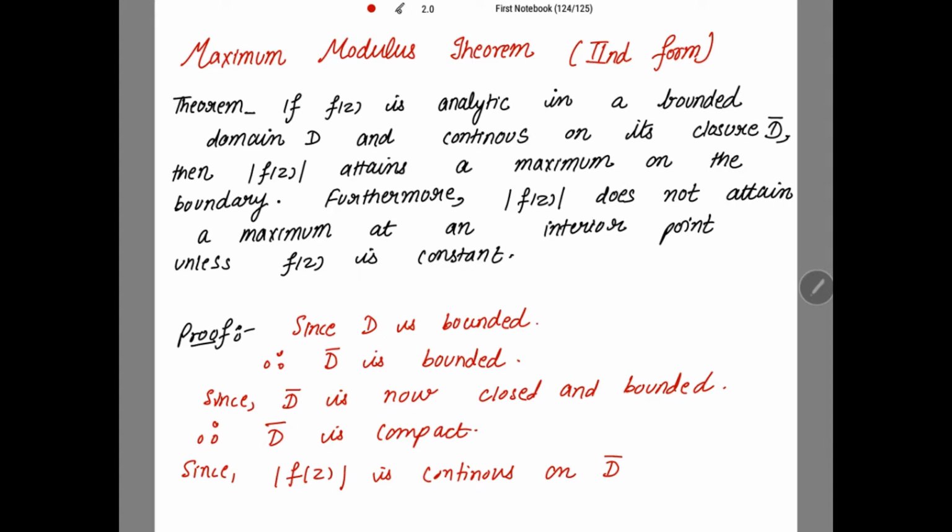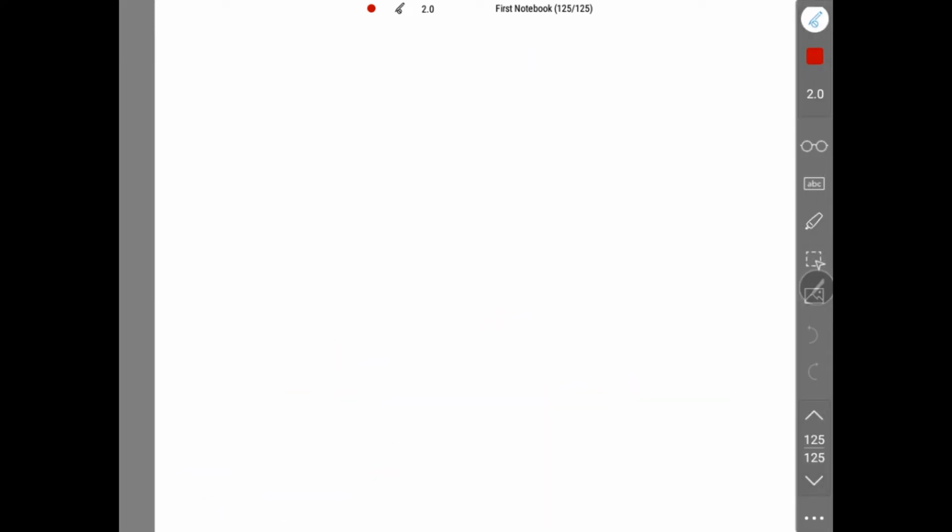This is the result. So mod of f(z) is bounded on D bar. And if it is bounded on D bar, that means it will attain a maximum on D bar somewhere.